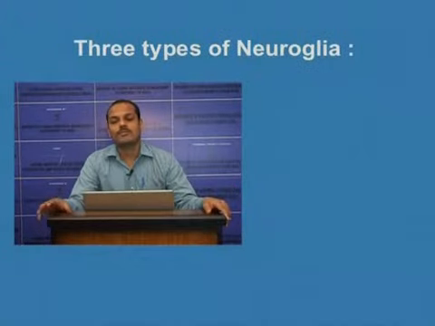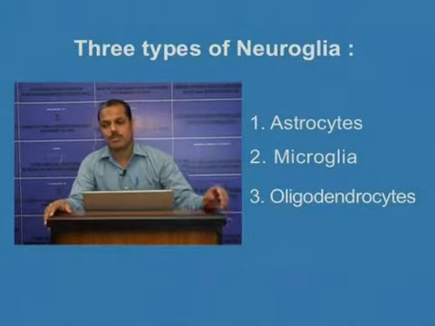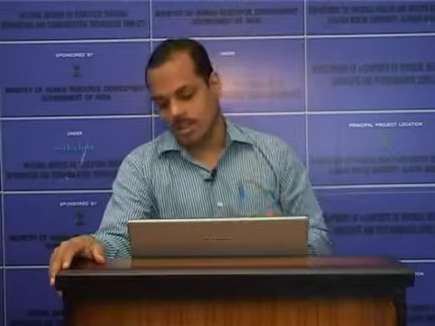There are some other types of cells also present, called neuroglia. So, in the nervous system there are two types of cells: the first one is the neuron, the second one is the neuroglia. There are three types of neuroglial cells: astrocytes, microglia and oligodendrocytes.